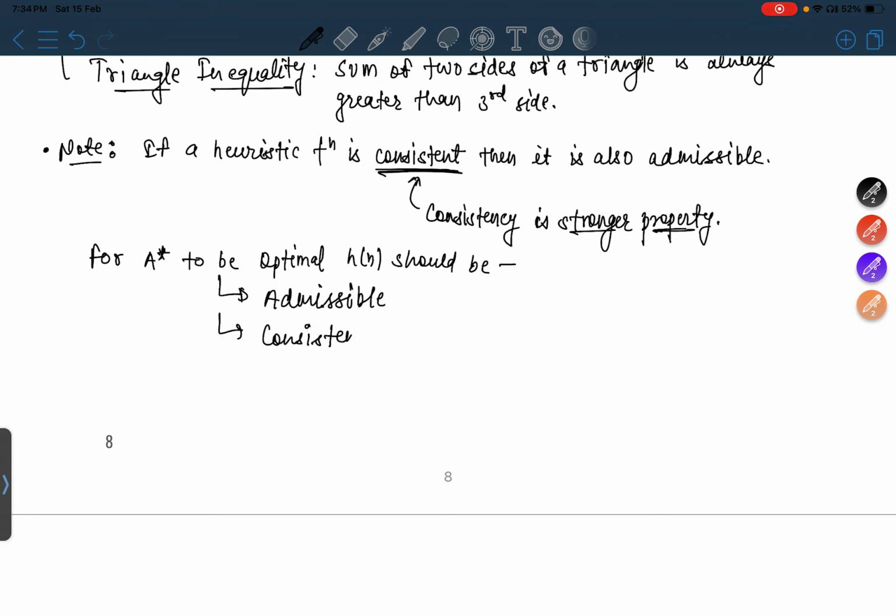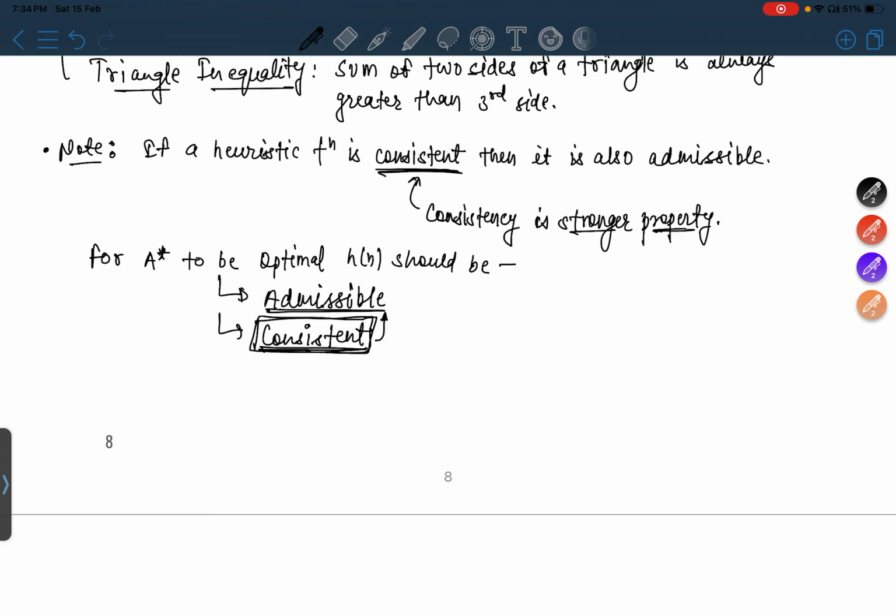So if someone asks you कि given this example कि इस example पे A star optimal solution देगा या नहीं देगा, तो what you can do, you can simply check whether कि आपका जो heuristic function given है that is consistent and admissible. So consistent and admissible, then only A star will be able to give the optimal solution. So since consistency means कि admissible automatically हो जाएगा, तो you need to only check consistency of the heuristic, and that will tell you whether A star will give the optimal path or not.